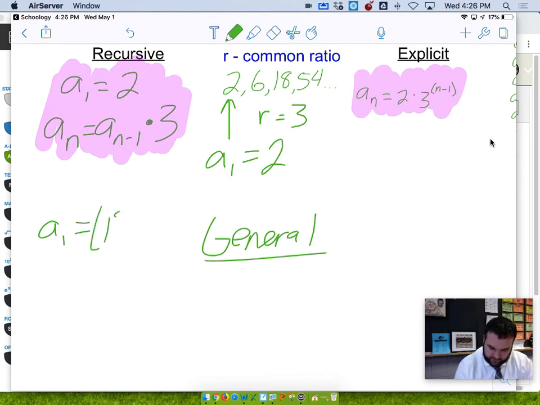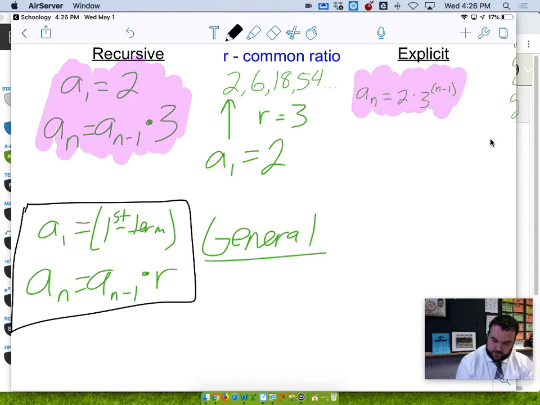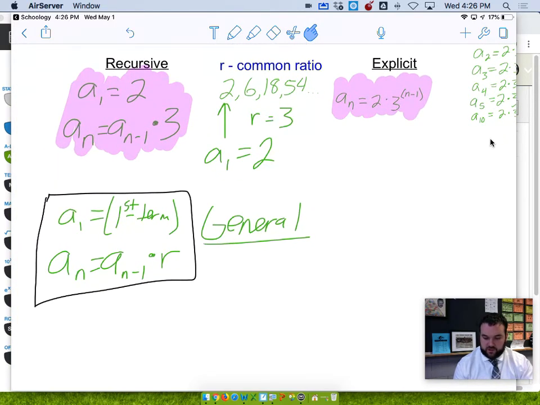So first term. And then A sub n is equal to A sub n minus 1 times that common ratio. Right? If you know the pattern is multiplying, just take the previous term and multiply to get the next term. So this is the general form of a recursive formula for a geometric sequence.